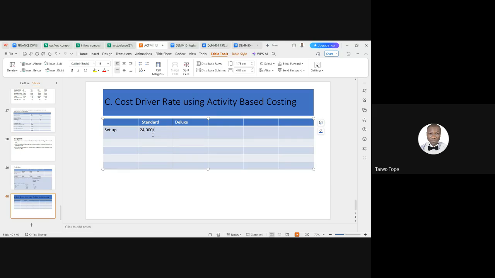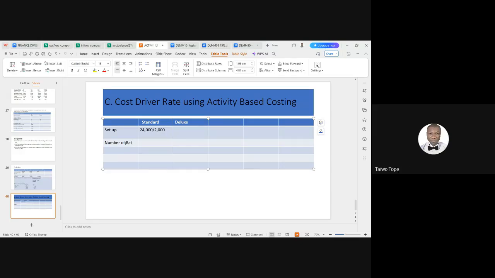Now, 2,000 units make up a batch. So how many batches are we going to have in standard? 12 batches.